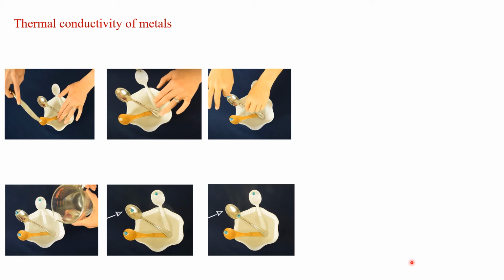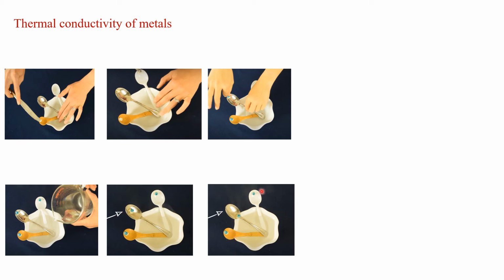And this conduction happens in metal much faster than in plastic and wood. The rate of conduction of heat is very slow for wood and plastic.